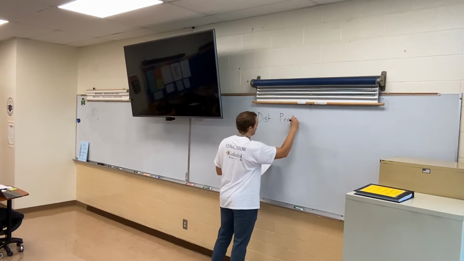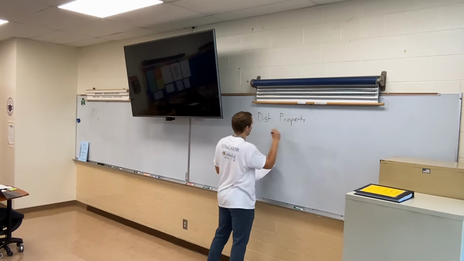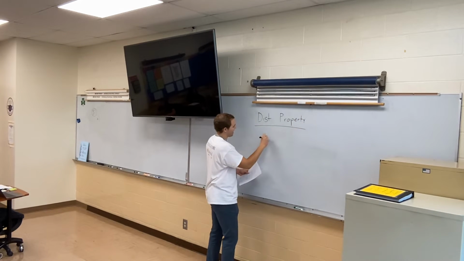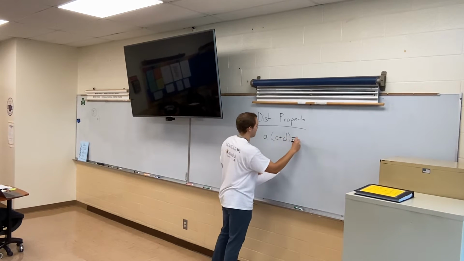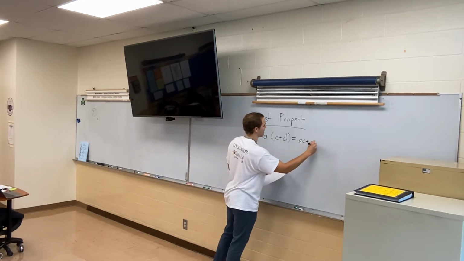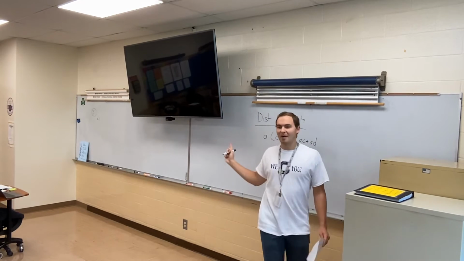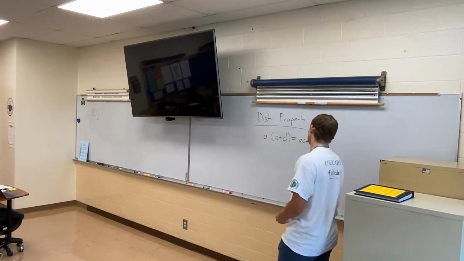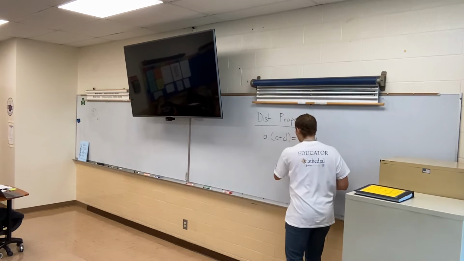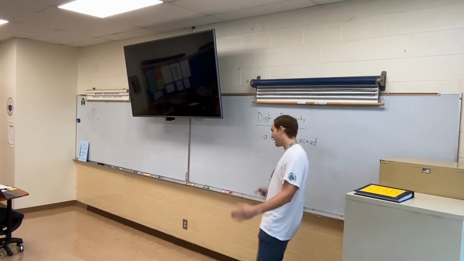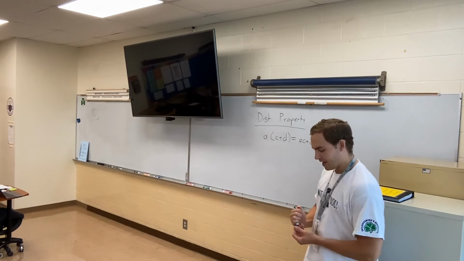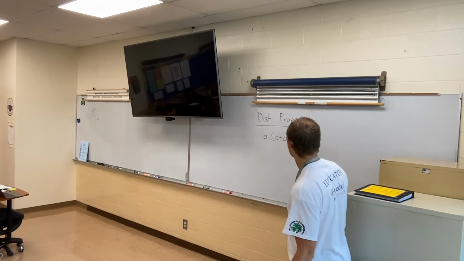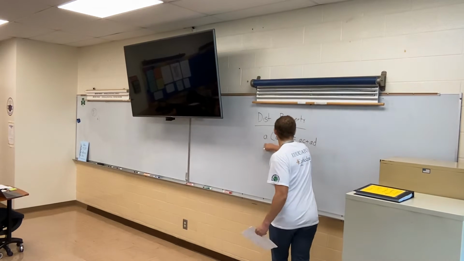A times the quantity C plus D equals AC plus AD. That's the distributive property right there. This is a rule you can use. I'm giving you this tool in your toolkit on exams, quizzes, tests. The real numbers are distributive over multiplication.